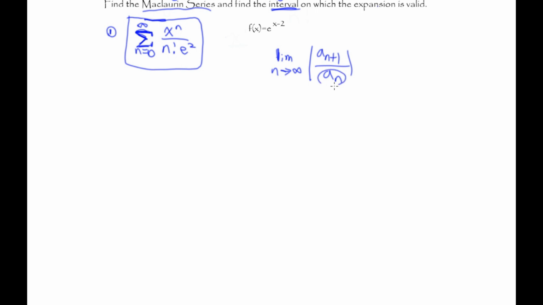So first we have to figure out what a of n and what a of n plus 1 is. A of n is easy. It was equal to our f of n that we found earlier on, which is simply just this part of the series that we generated. And so we can just write that down. It's a freebie. And now a of n plus 1, where we just simply replace all these n's in here with an n plus 1.